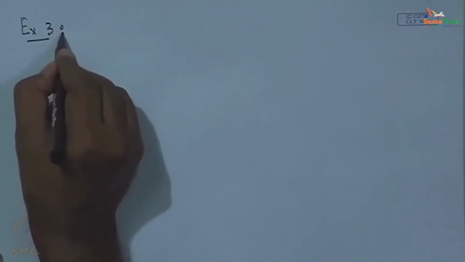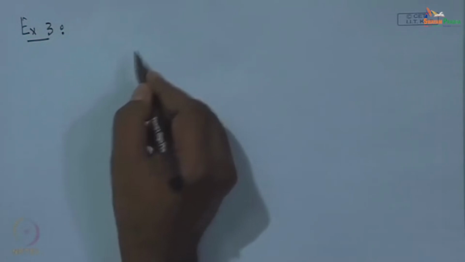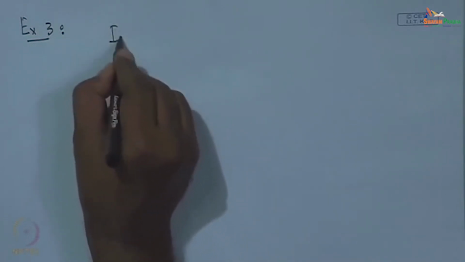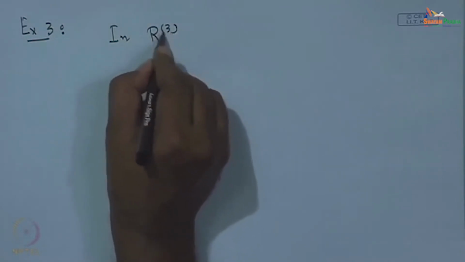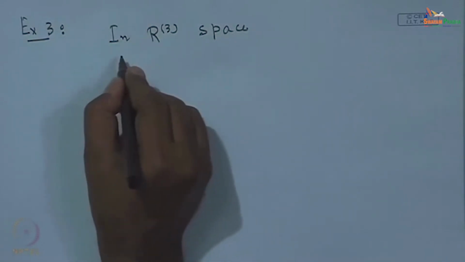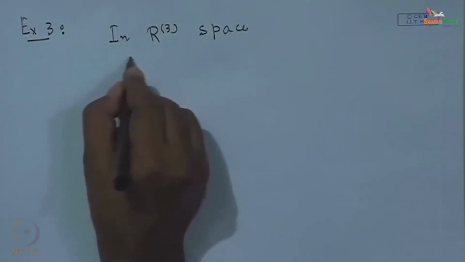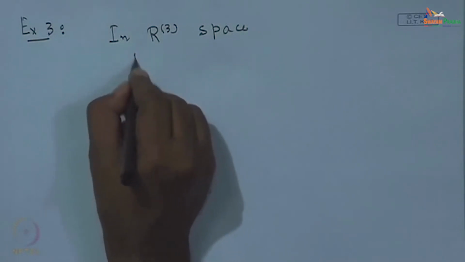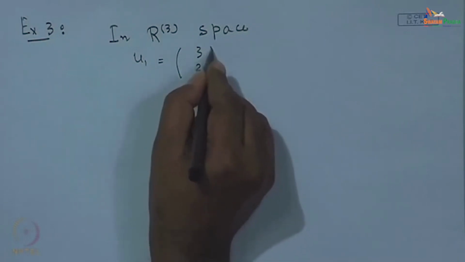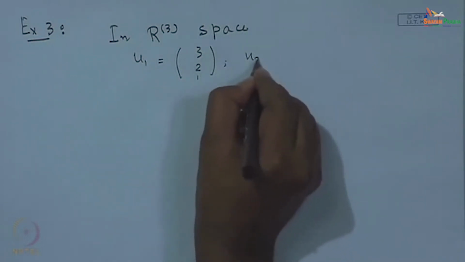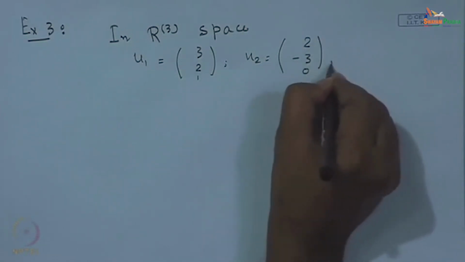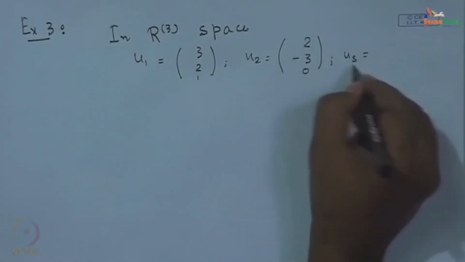example 3 maybe. We have two vectors available in R3 space. u1 is equal to 3, 2, 1, u2 is equal to 2, minus 3, 0, and u3 is to be found.